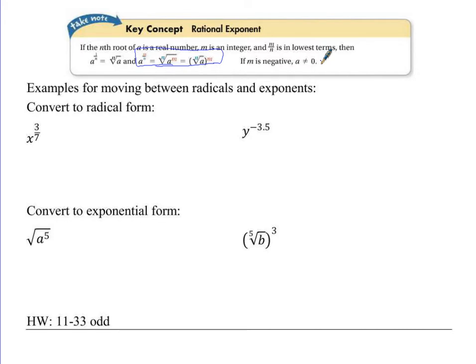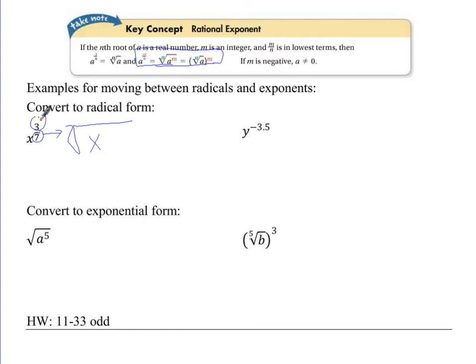So let's convert this one to radical form. This is exponential form right here. So it's going to be some sort of root x to some sort of power. It's the 7th root. The denominator goes there. 7th root.